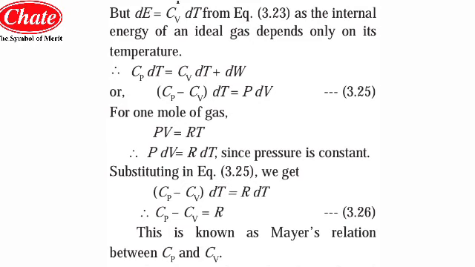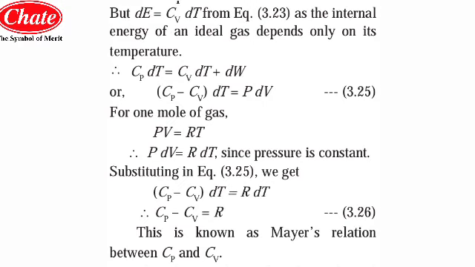For 1 mole of gas we can write PV is equal to RT. So PdV is equal to R dT, since the pressure is constant. We can put this value: (Cp minus Cv) into dT is equal to R into dT.